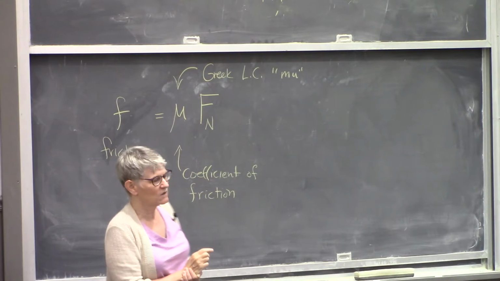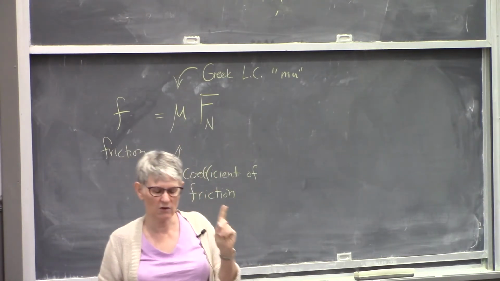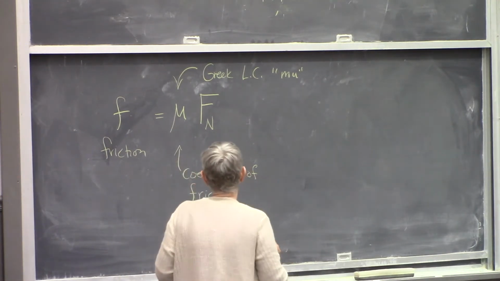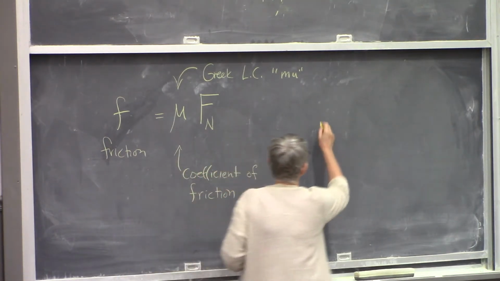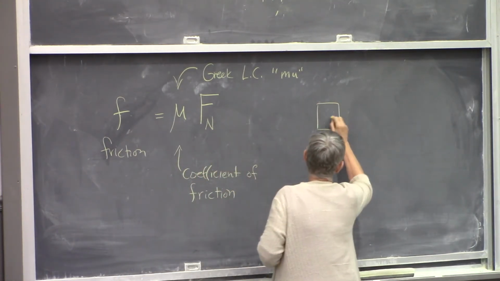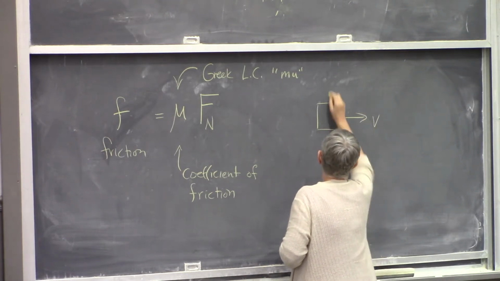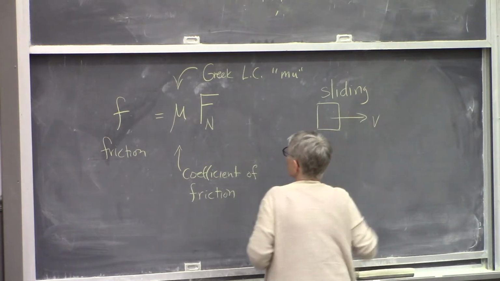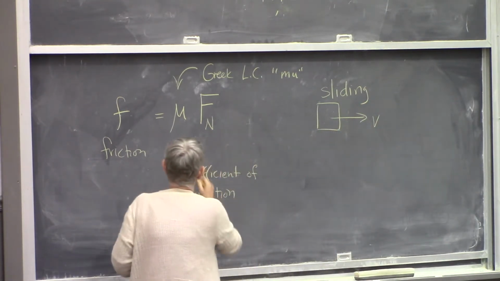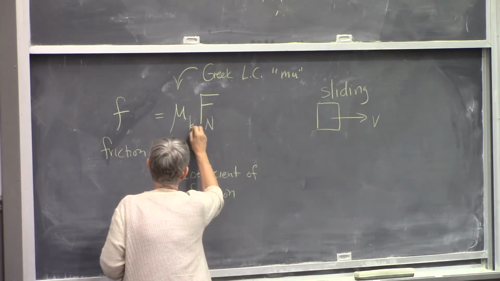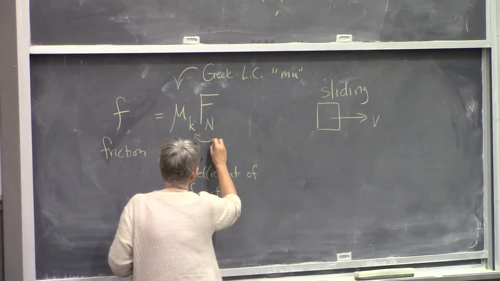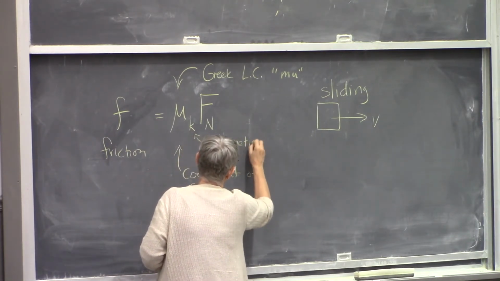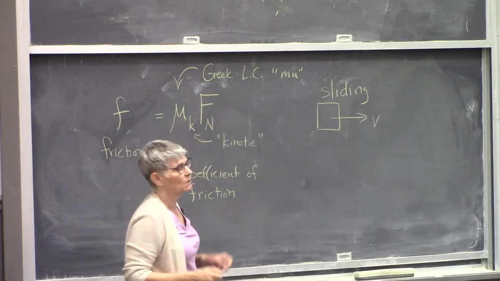And in fact, it turns out there's not one but two coefficients of friction. So if the block is sliding, then we call this the coefficient of kinetic friction. That's just a fancy way of saying moving.